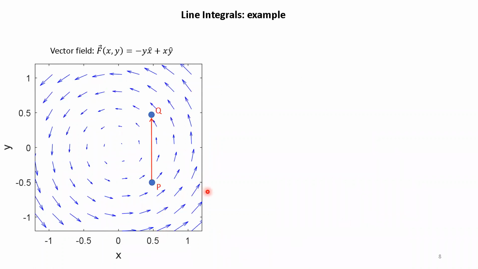So here, let's try to actually do a few examples on the line integral. Again, this is a vector field that I showed you earlier, this circulating one. And I want to consider particles going from this P to Q, from 0.5, minus 0.5, to 0.5, 0.5.